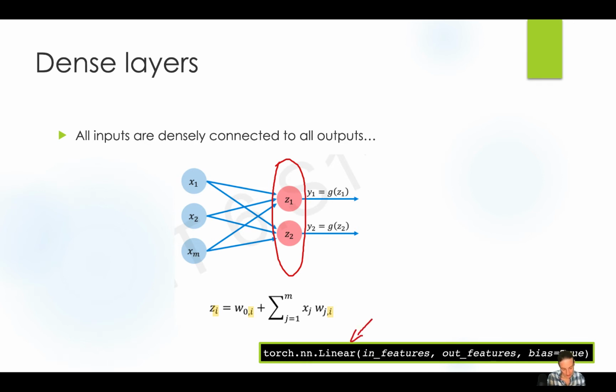And a layer like this is typically defined by the number of input features, in this case 3, or M, sorry, the number of output features, 2, and the bias, if there's a bias. Bias is here, so we have it as true.